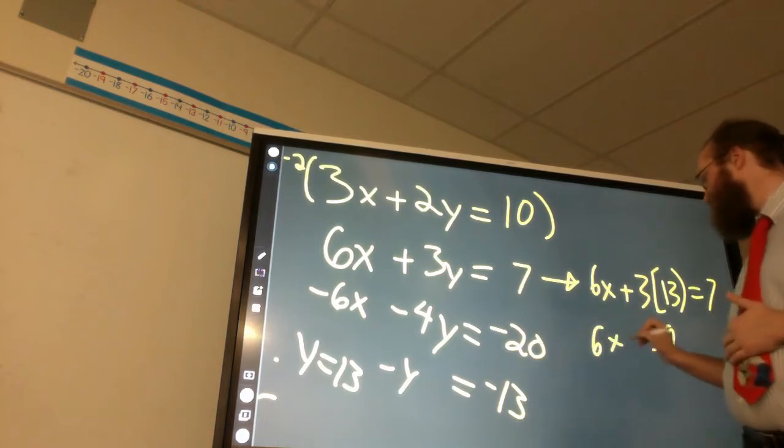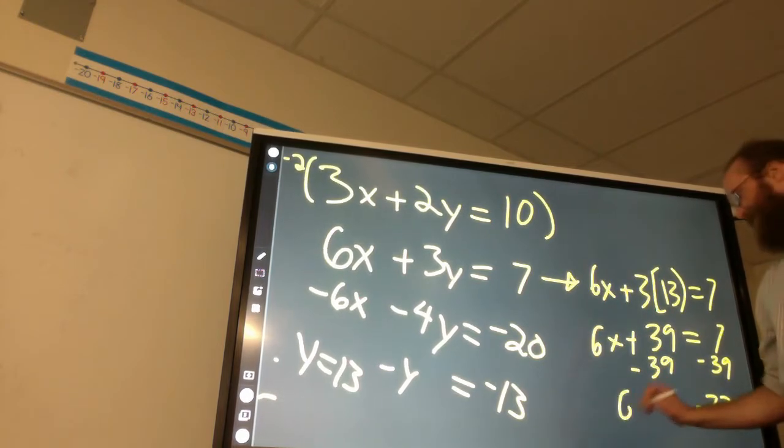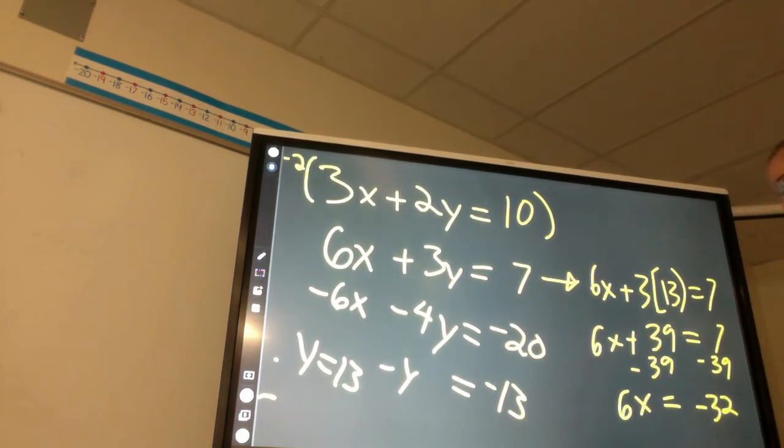Still have 6x. And to get rid of the 39, I'm going to subtract it from both sides. 7 minus 39 is a negative 32. And 6x equals negative 32. Then we divide by 6.